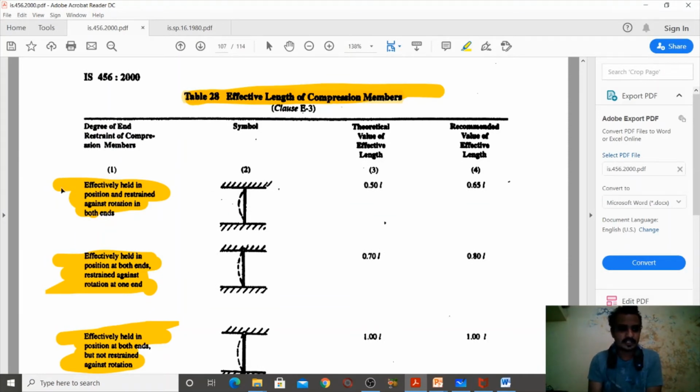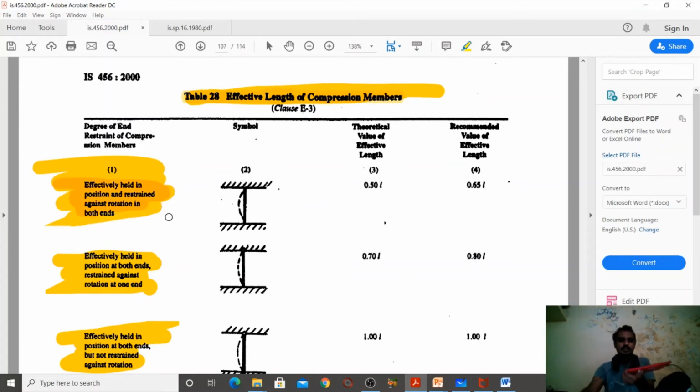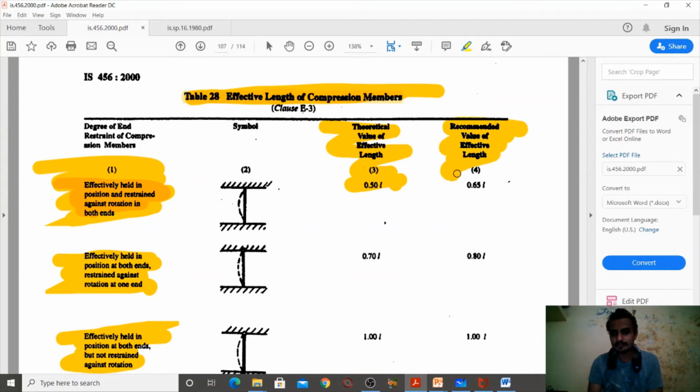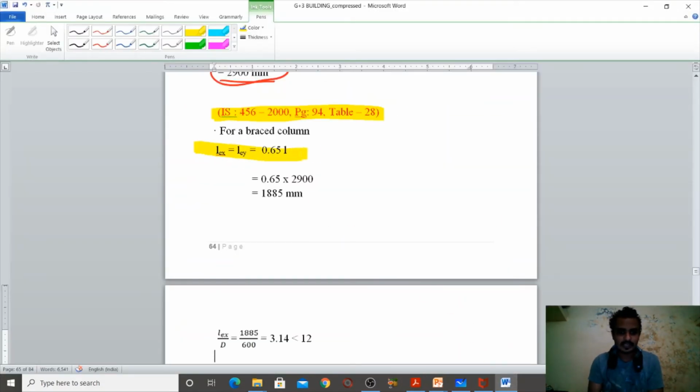In this condition we have a braced column. So in this condition, effectively held in position and restrained against rotation at both ends, the theoretical value of effective length is 0.50 L, but the recommended value is 0.65 L. So we have to use 0.65 L. So LEX is 0.65 into 2900. So length is 1885 mm.